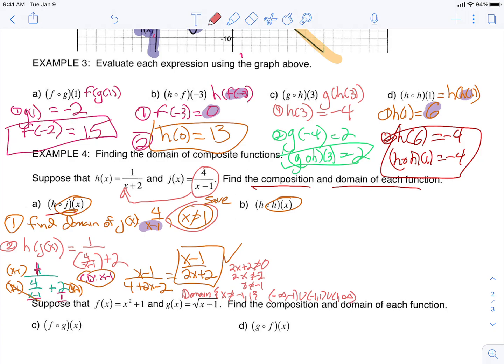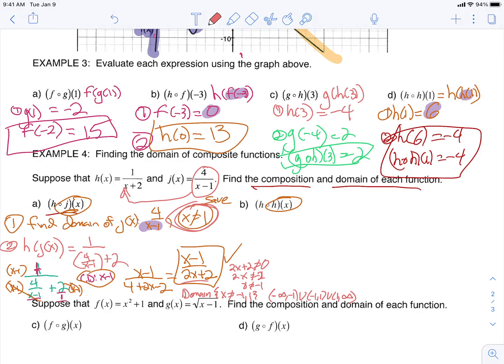All right, so that's my domain, and I used this one, which I wrote save on, and then my new one, which gave me negative 1. Okay, so whenever we're finding a domain of these, you have to find a domain of that input function first, and then you're going to combine it at the end.